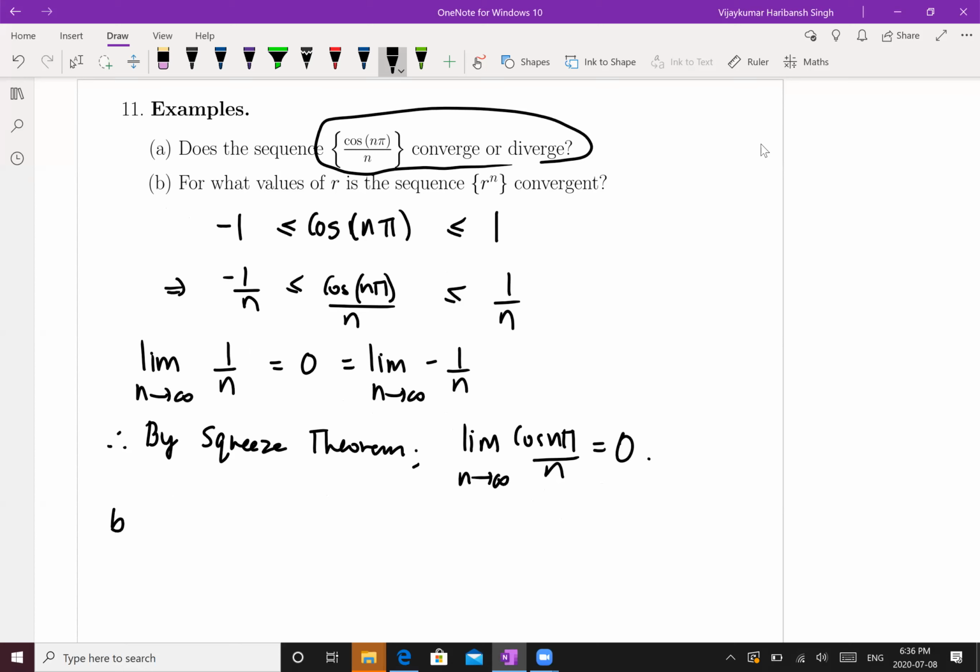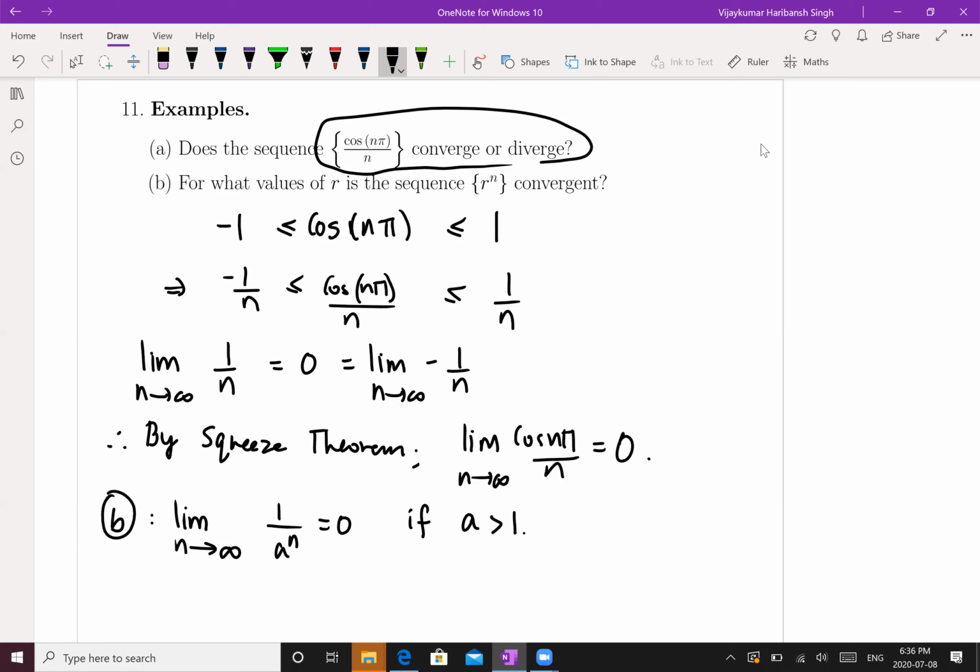So for B, there are many ways to look at it. One way is the following: the limit as n goes to infinity of 1 by a to the n is 0 if a is greater than 1.